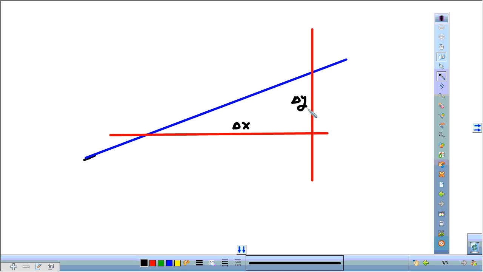Or we can use any right triangle. And so if we start at one point, then we move to another point.